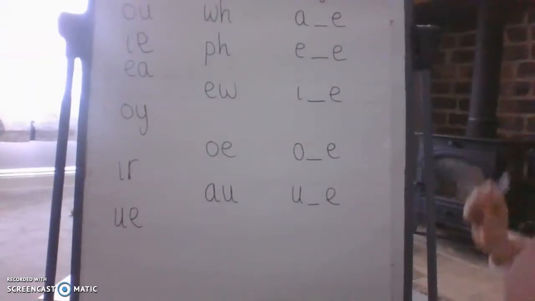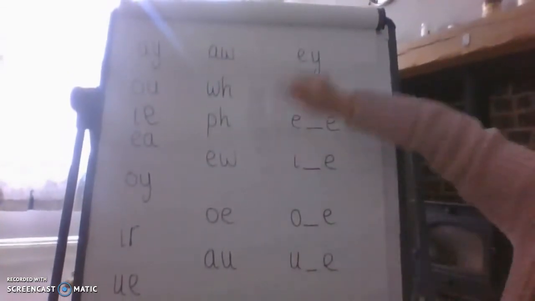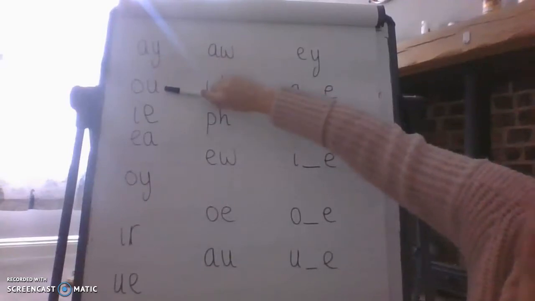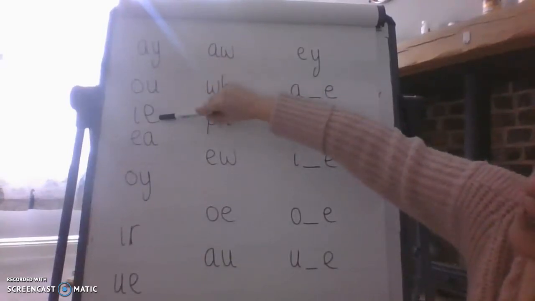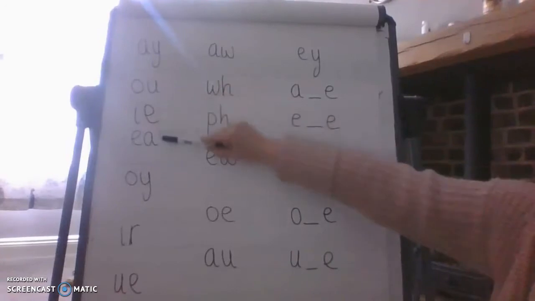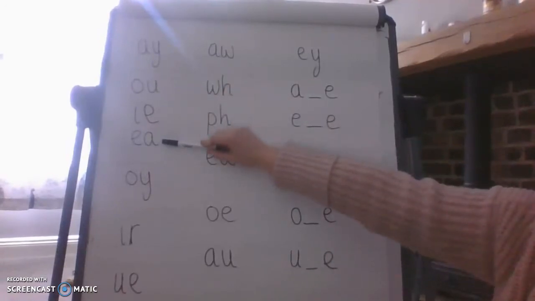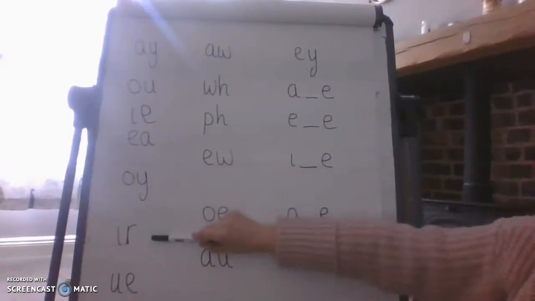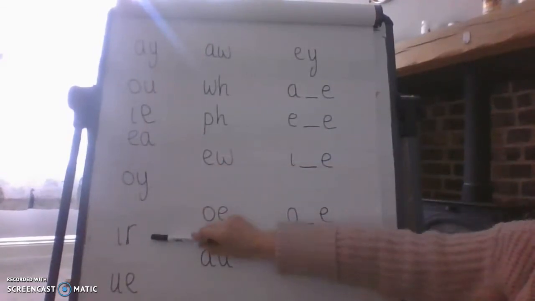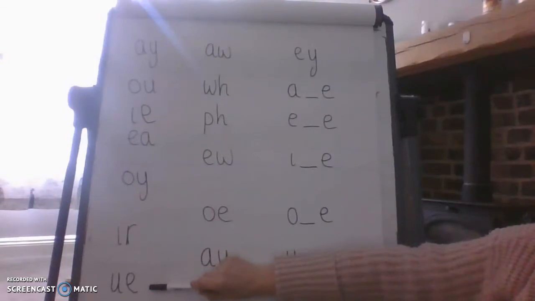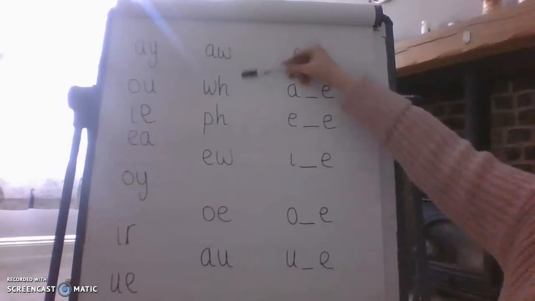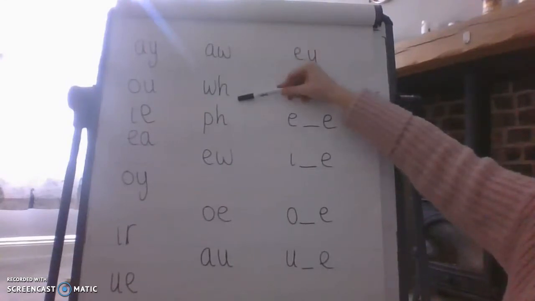Now we're on phase 5 here. Let's have a look. I say a, you say. I say ow, you say. I say i, you say. I say e, you say. I say oi, you say. I say or, you say. I say wh, you say.